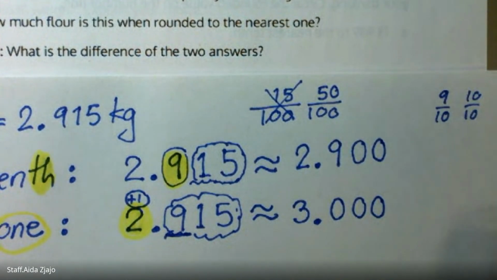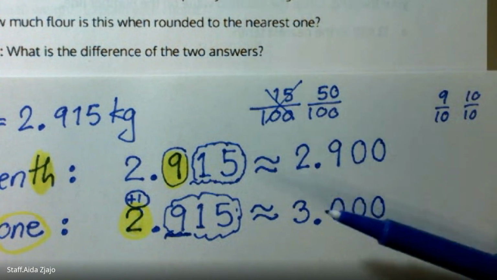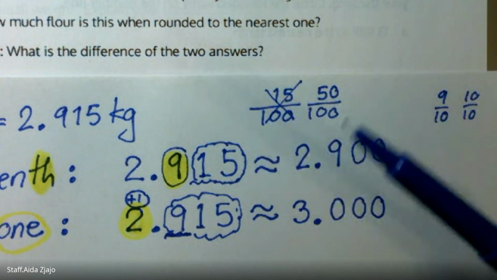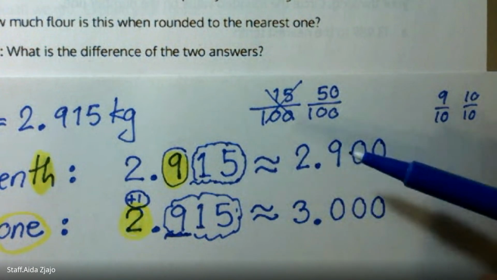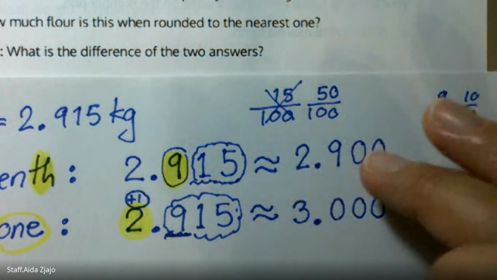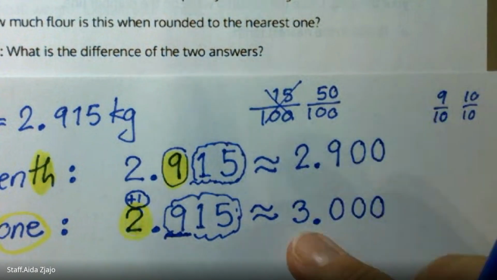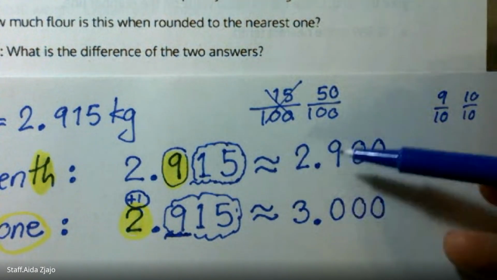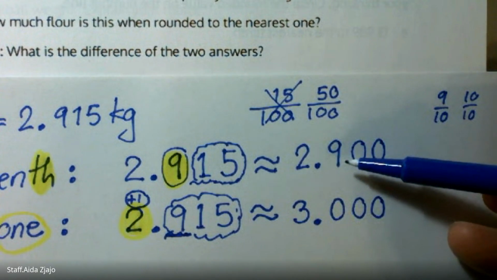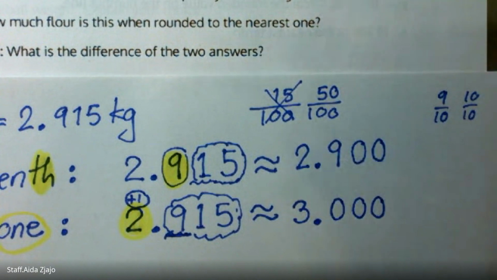What is the difference of the two answers? Now they want you to find the difference between 3 wholes and 2 and 0.9. So 3 wholes is just greater by 1 tenth.